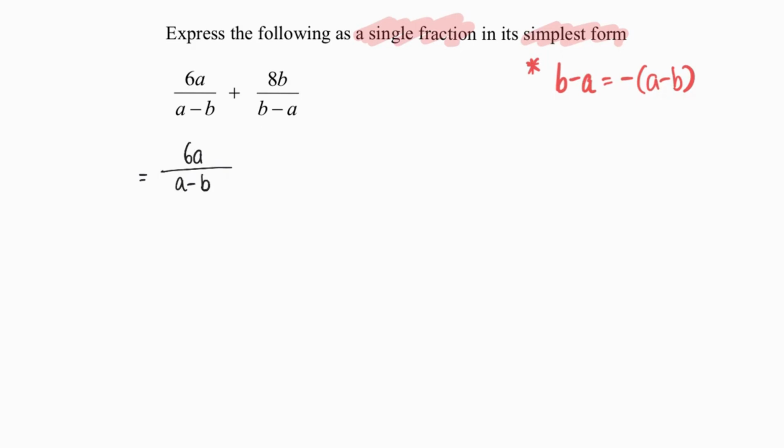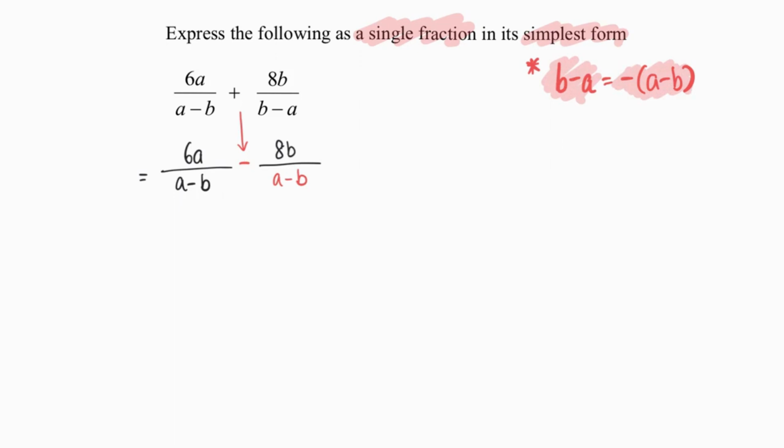Because I could multiply by a negative. Positive times negative equals negative. And I could do this so that negative a minus b and b minus a are equivalent forms of each other.